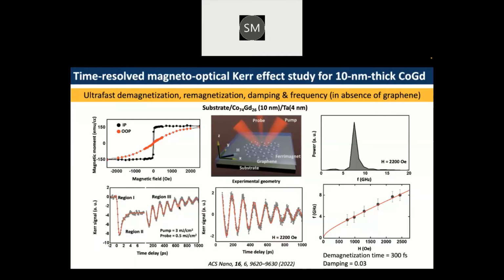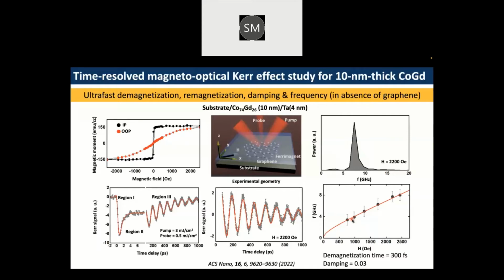From the Fourier transformation of the background subtracted precessional data, we have also obtained the high frequency peak, which lies around 8 gigahertz, and this fundamental peak also follows the Kittel formula when plotted against the varying strength of magnetic field.